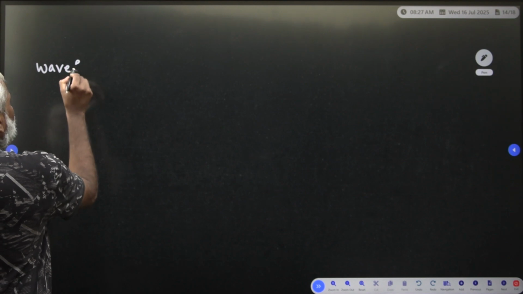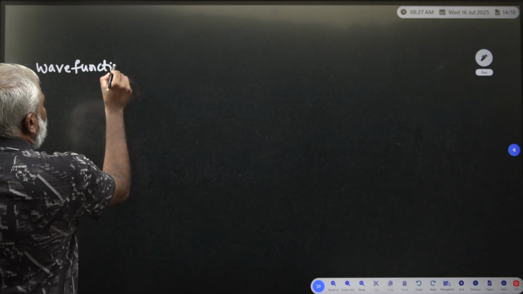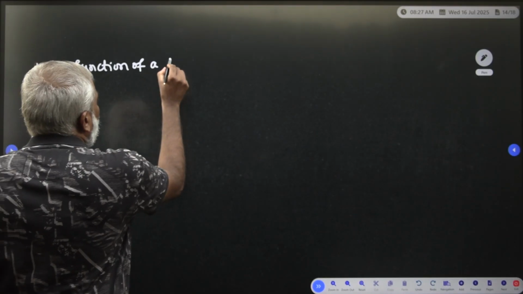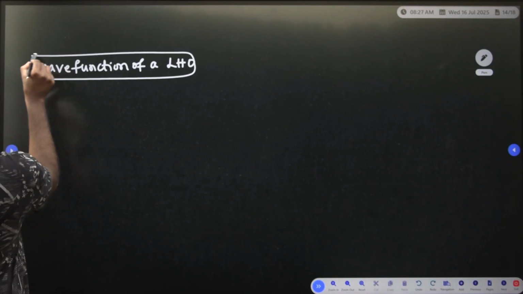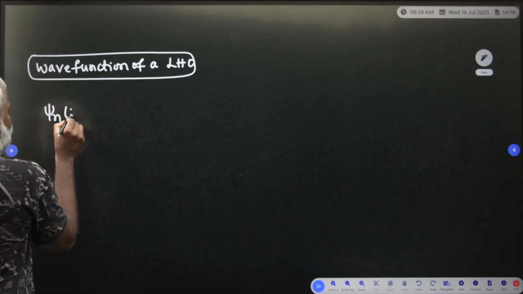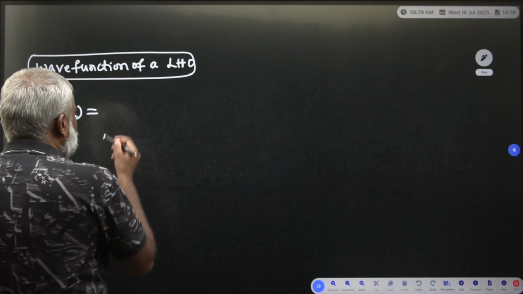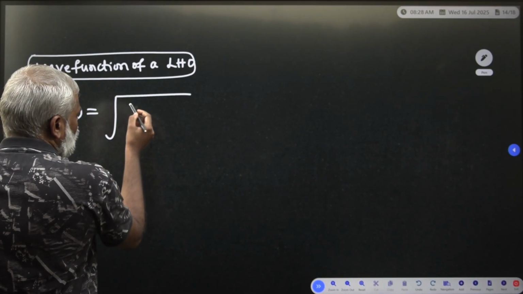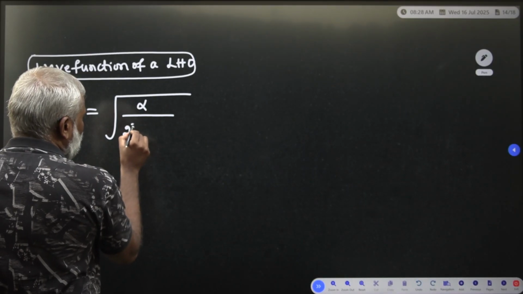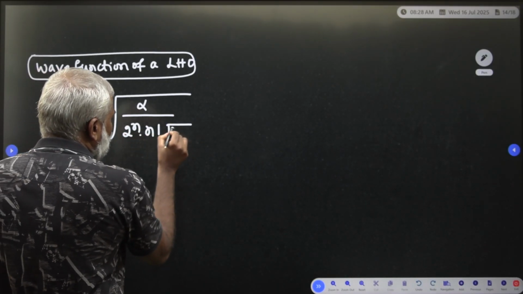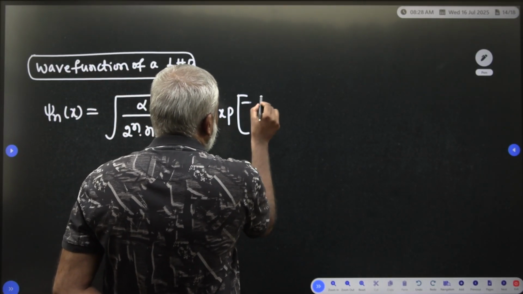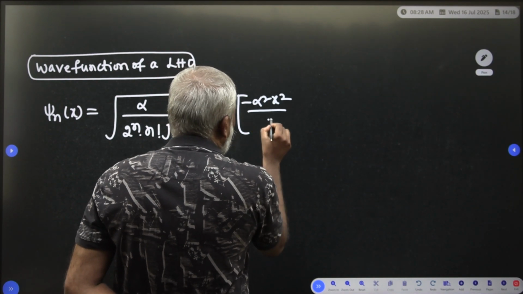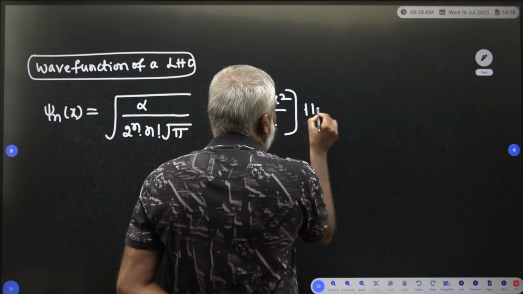Therefore, the wave function of a linear harmonic oscillator, psi n of x, is equal to square root of alpha divided by 2 to the power of n into n factorial into root pi, exponential of minus alpha squared x squared divided by 2, into Hn of alpha x.